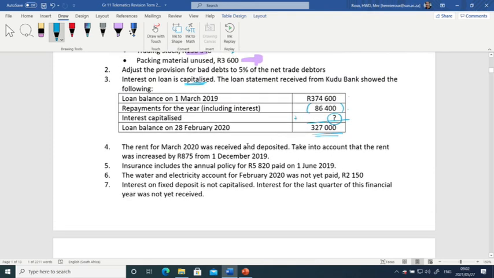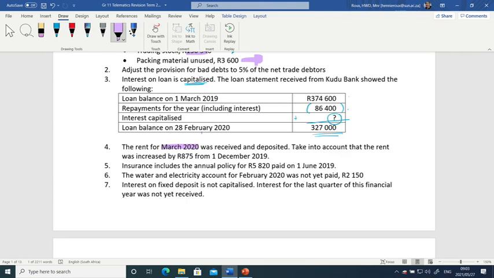Number 4, and this is a very popular one. The rent for March 2020. You read March 2020, you know your year is ending on the 28th of February, therefore that is in advance. So we received 1 month in advance. Received in advance, we must subtract.